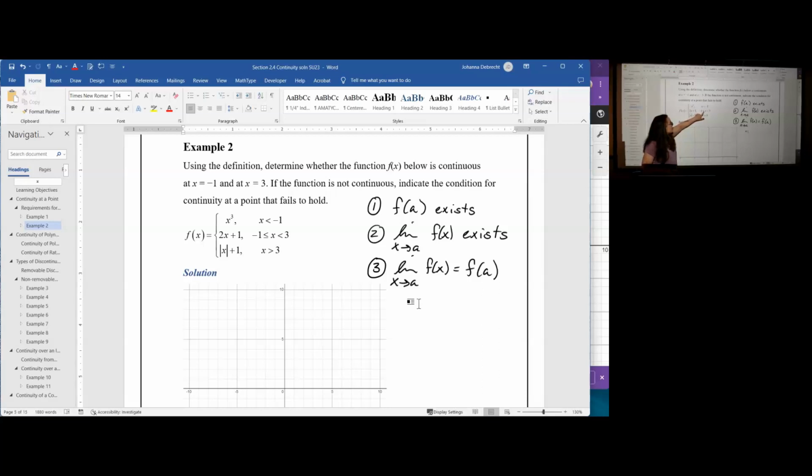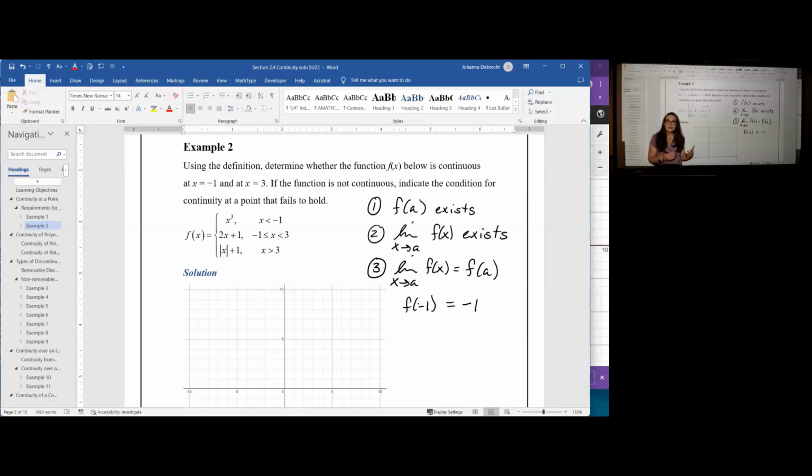This says that x can equal -1. So I use rule 2 to find out that f of -1 is equal to -1. All right. So I substituted -1 into rule 2 and I got -1. I know then that the function's defined there.